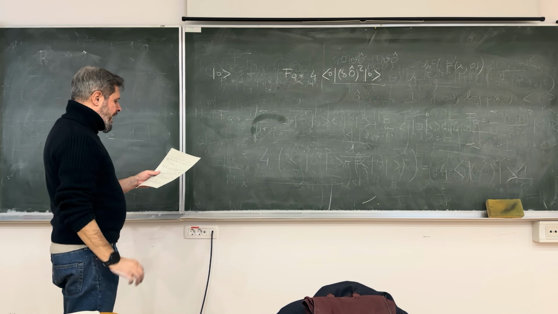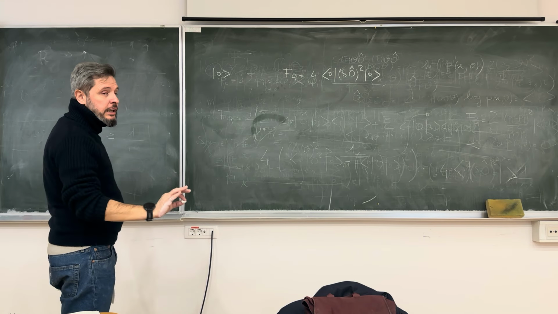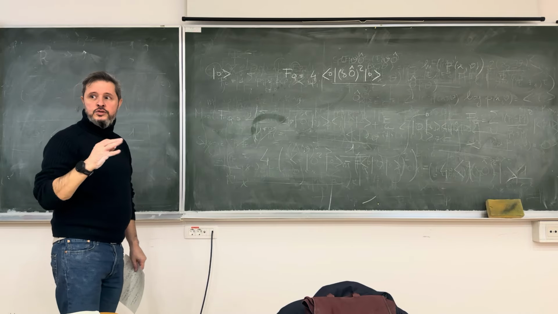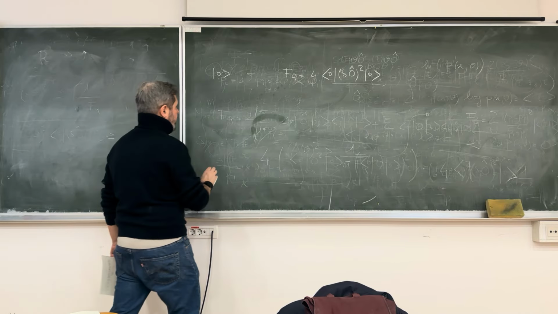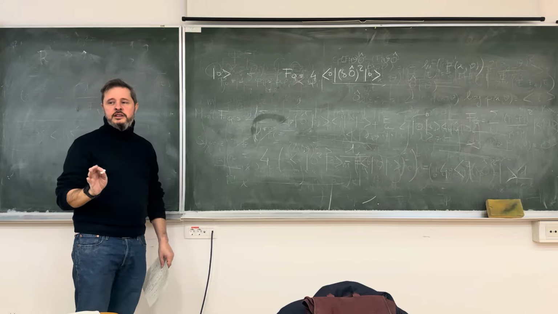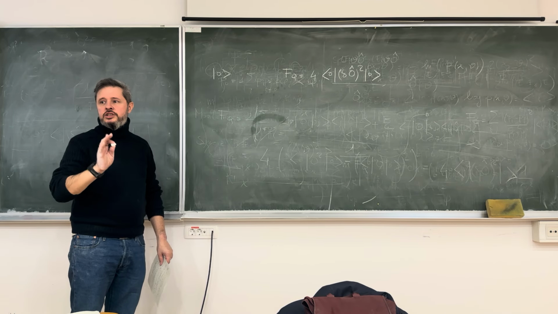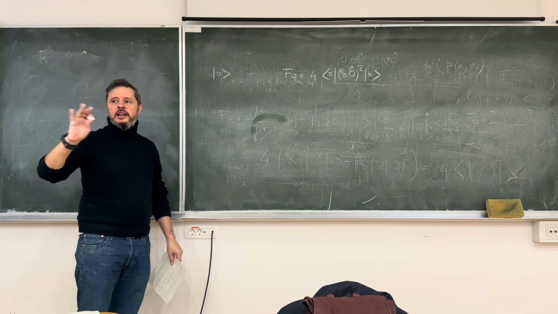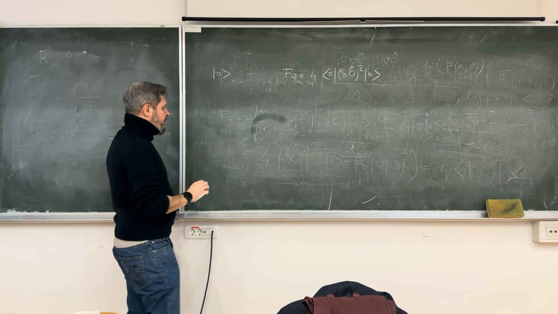And now imagine that we are dealing with a system that is super trivial. Super trivial means imagine a spin chain in which the spins are not correlated with each other, right? So each spin lives its own life independently.